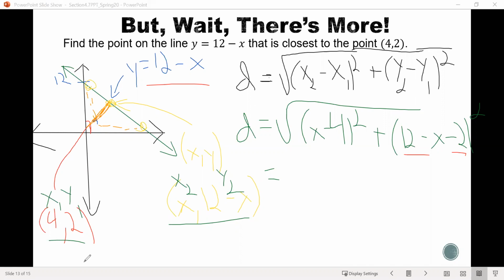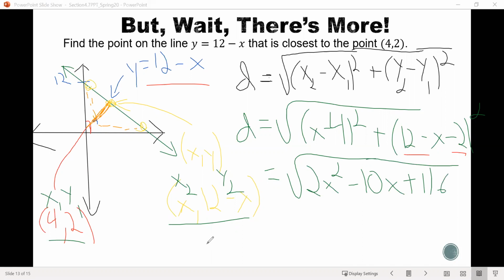And when we do that, I believe what we end up with is the square root of 2x squared minus 10x plus 116. And you can double check me on that. Make sure I didn't make any errors. Okay, and so that's our expression for the distance.